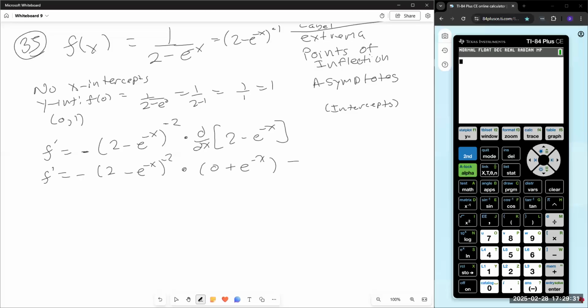So this is going to be a negative e to the negative x in the numerator and (2 minus e to the negative x) squared in the denominator, like that.